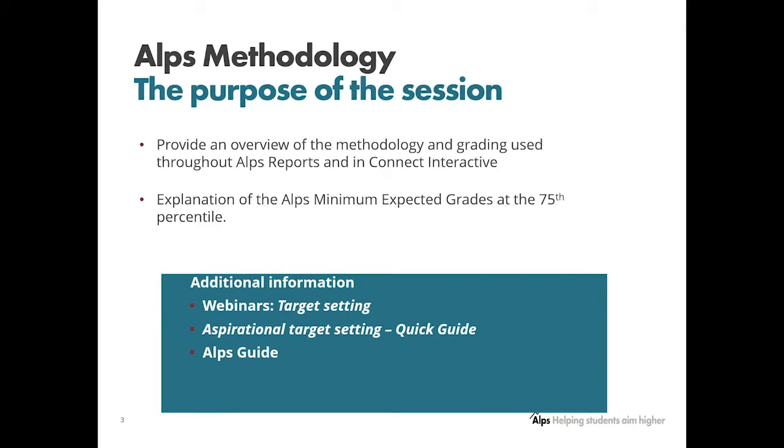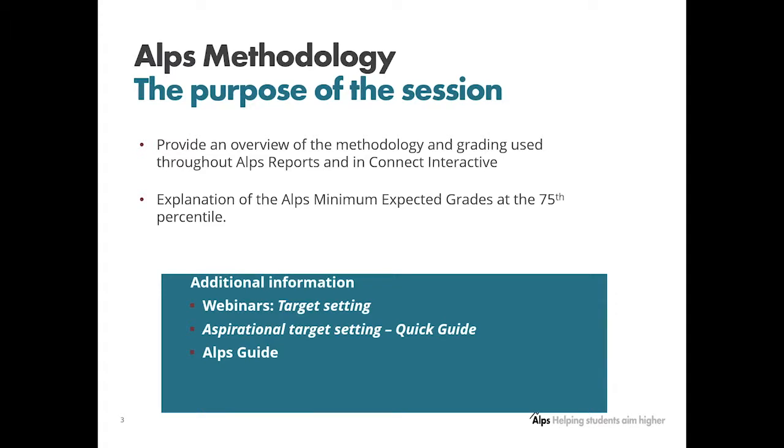I'm also going to talk about minimum expected grades, because what the Alps methodology does is really kind of hinge around those minimum expected grades. And we're going to show a little bit about how those are constructed. Those are aspirational grades, so we're going to talk a lot about that top 25% or that 75th percentile and how you aspire to get progress equivalent to that.